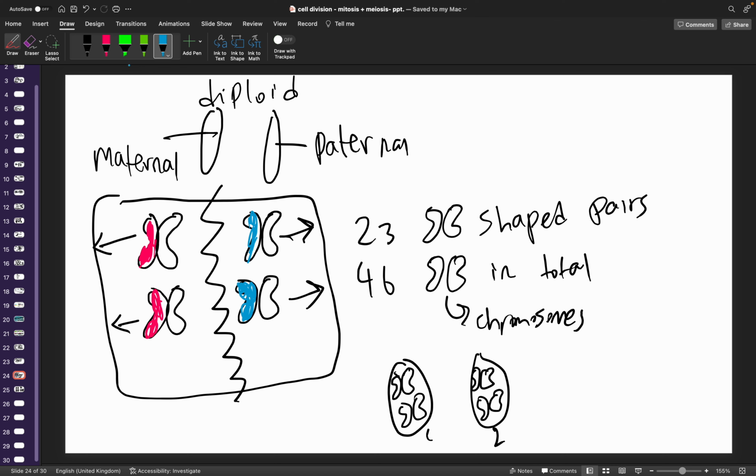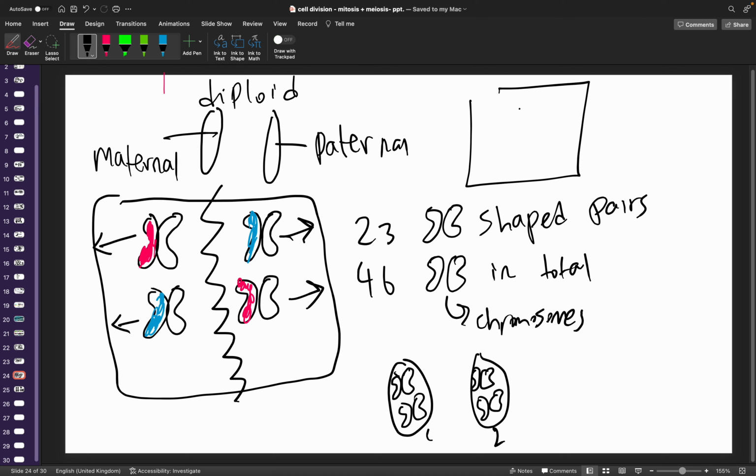So what happens is it's completely randomly arranged. What I mean by that is one could have red and blue, so red showing maternal and one from paternal. The other one could have maternal and paternal, so on and so forth. It's just completely randomly arranged. And another cell within the same person going through meiosis, well, in chromosome 1, they could have the paternal one on the left and the maternal one on the right.